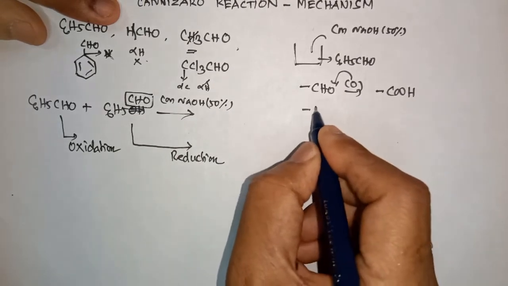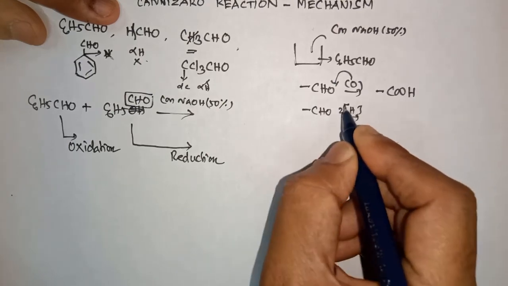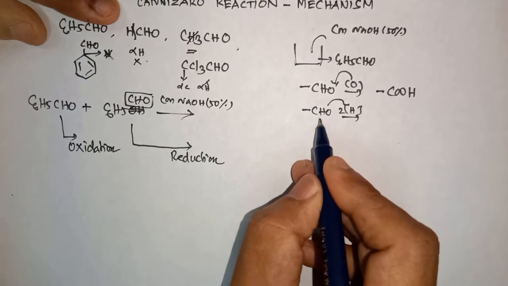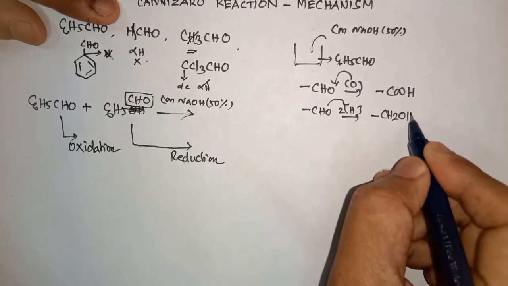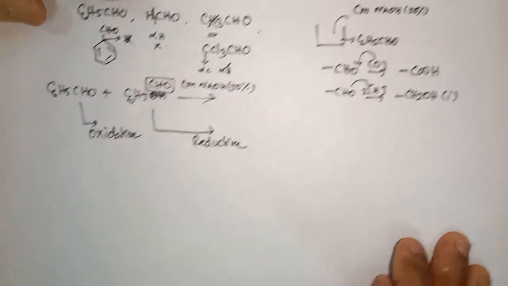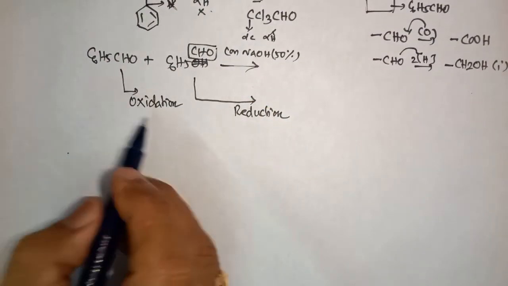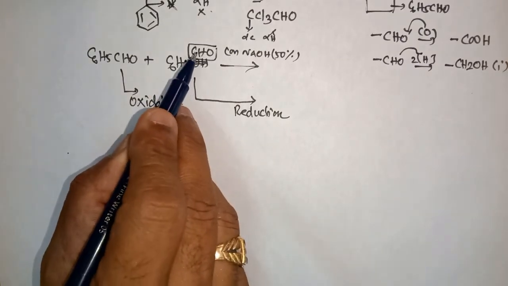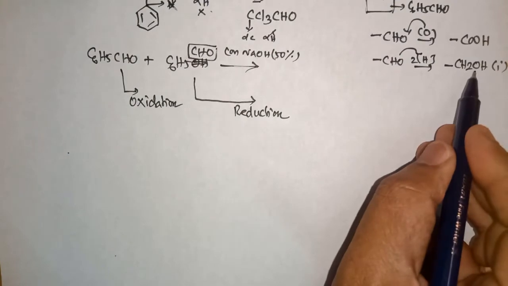When the same aldehyde functional group undergoes reduction, two hydrogen atoms are added, giving CH2OH, so it becomes a primary alcohol. So one is undergoing oxidation, another one is undergoing reduction. The one that undergoes reduction, that aldehyde functional group, becomes a primary alcohol.